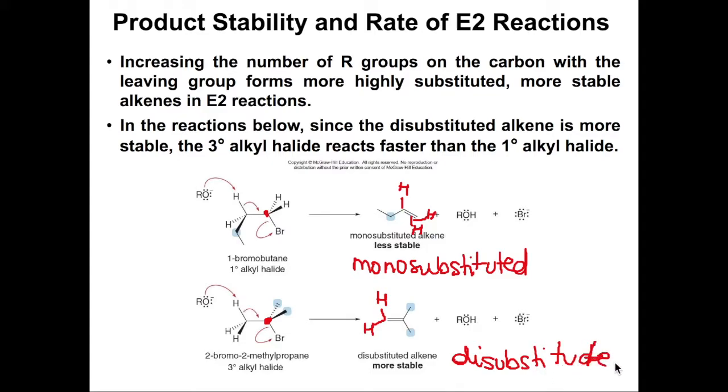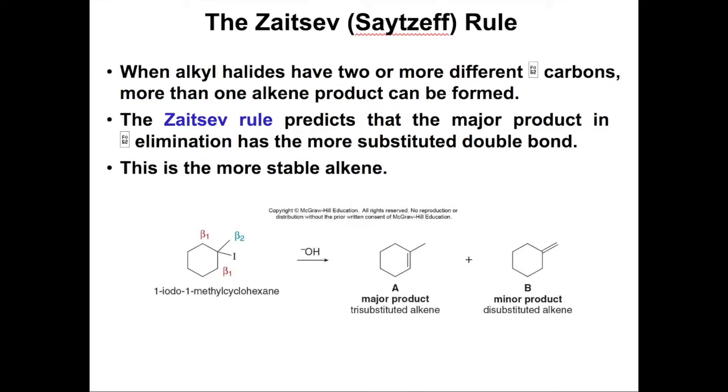And so that has a name in chemistry, and that's called the Zaitsev rule. So when alkyl halides can give you two different products, the favored one, the major product, will be the one that is more substituted.